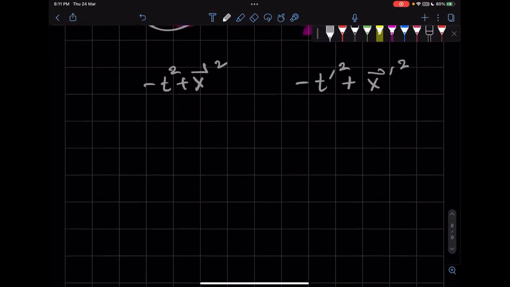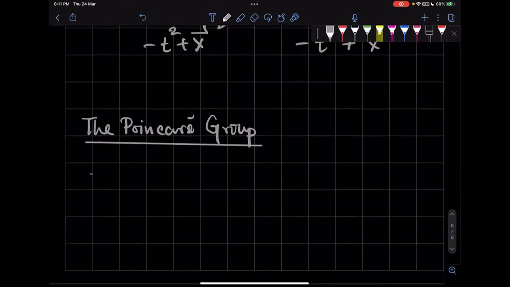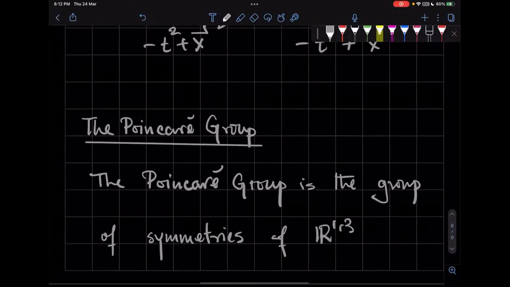Yeah, okay, good. So now we know what the SO(1,3) group is, the Lorentz group, and we know the translation group, and now we combine them into what is known as the Poincaré group. Okay, so the Poincaré group is the group of symmetries of the Minkowski space.